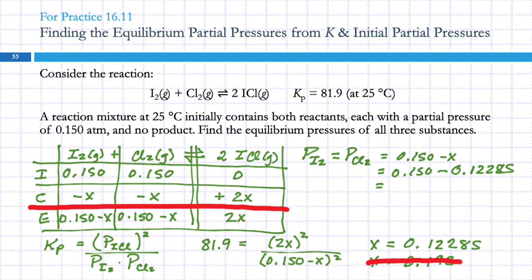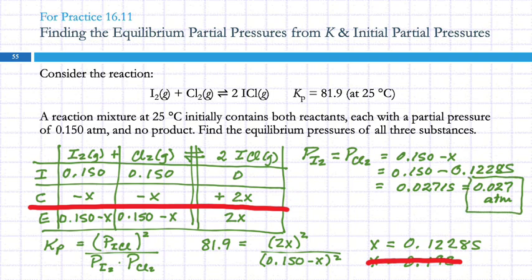0.150 minus 0.12285 is 0.02715. I'm probably going to call that 0.027 atmospheres.